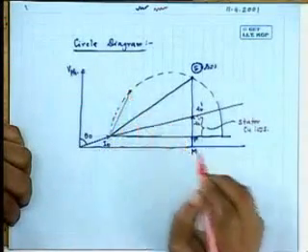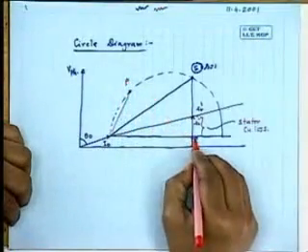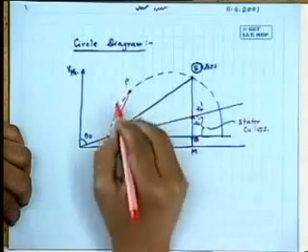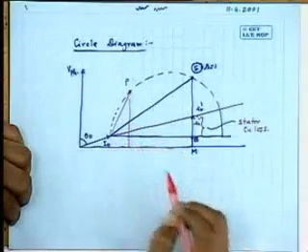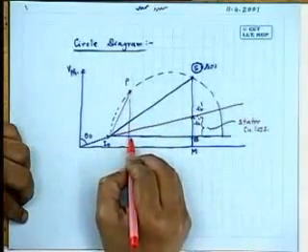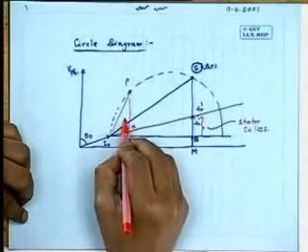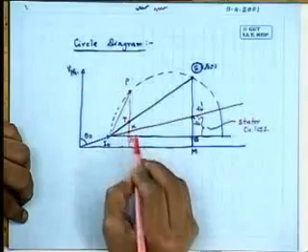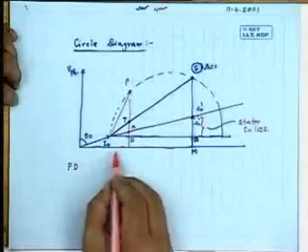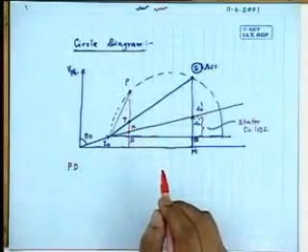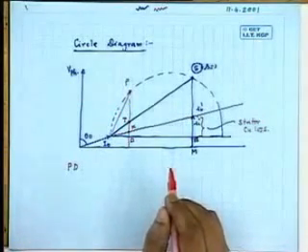suppose this is any other operating point, we are calling this P, and you drop a perpendicular to this point. This length will be the total input power, and let us call this point of intersection D, this point of intersection K, and this point of intersection T. Then PD will comprise the stator copper loss, rotor copper loss, and the mechanical power developed by the machine.